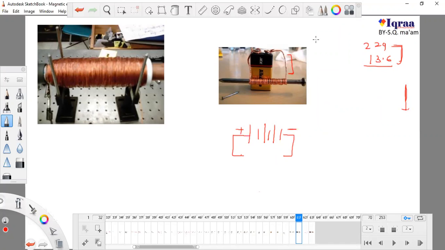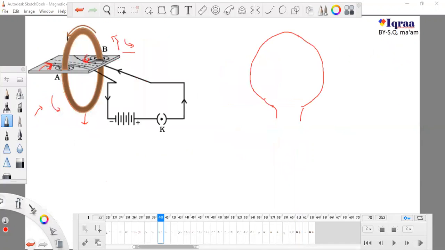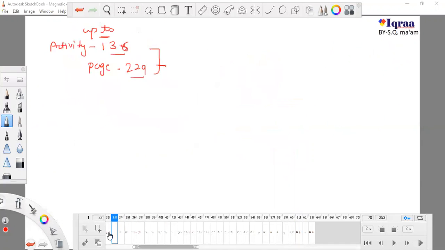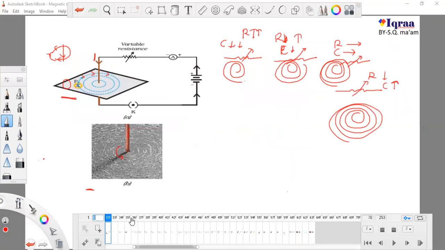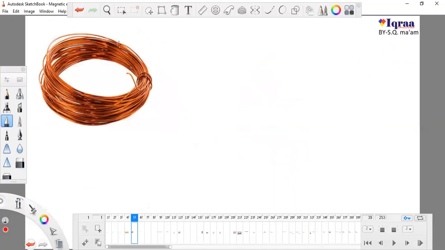In the third case, a loop was there. It was a simple loop.